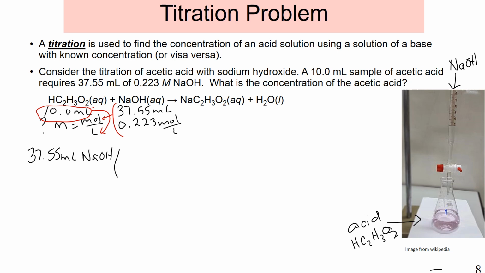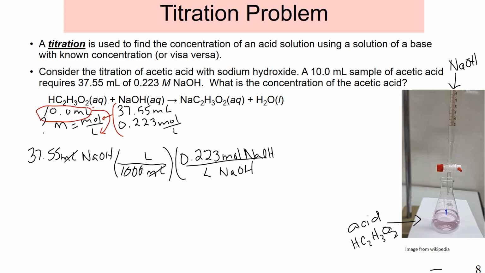So I'm going to change that to liters by the conversion that there's 1,000 milliliters per liter, and cancel the milliliters. Then I'm going to use the conversion that we have 0.223 moles of NaOH per liter of NaOH. Okay, so notice this is stoichiometry. I'm taking the volume times the molarity to get moles.